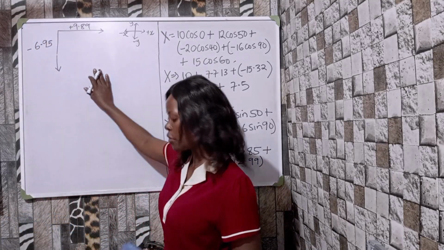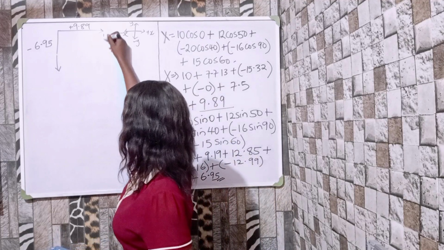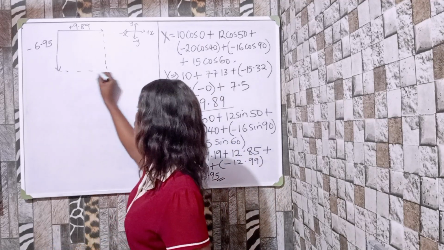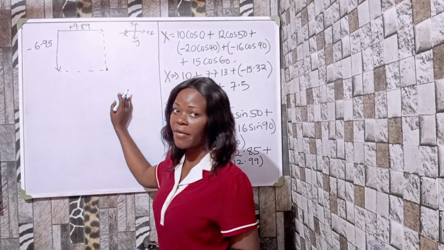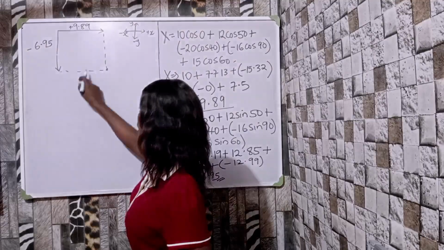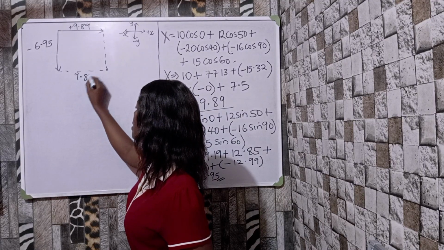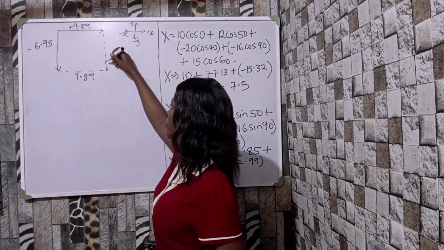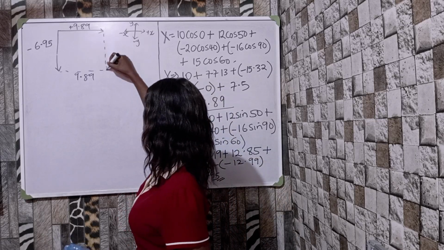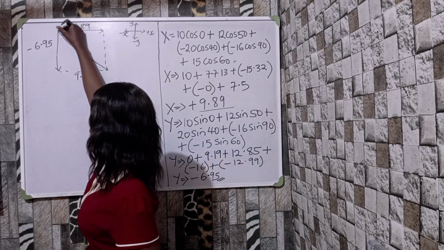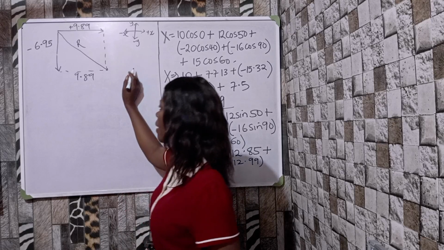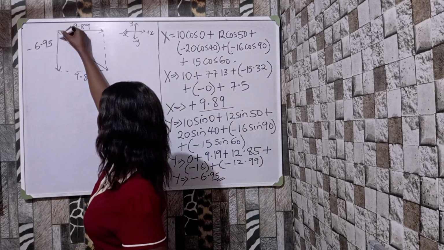Looking at this now, what you are going to do next is to complete it and solve it like a right angle vector, because it's not right angle. So if this is parallel to this, here is 9.89. Okay, so we join it together to this point and call the line R. So this is for my direction.